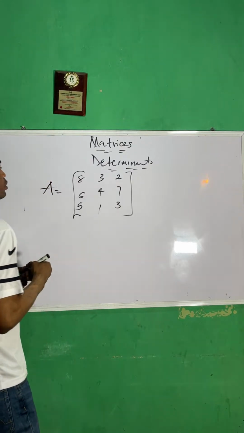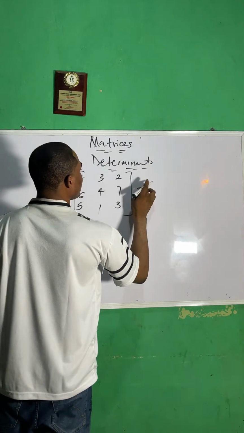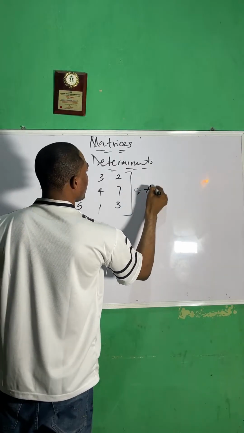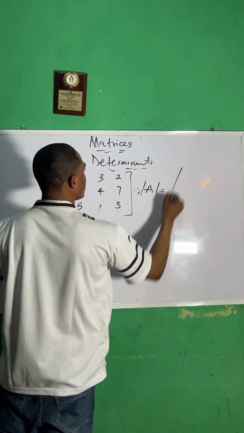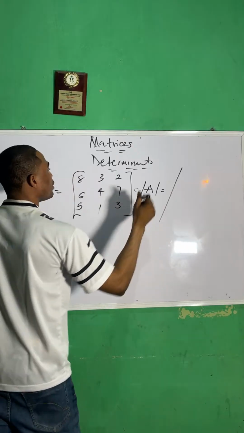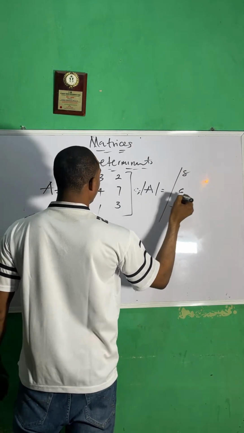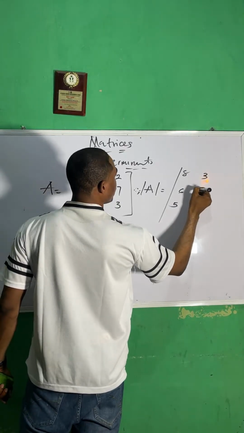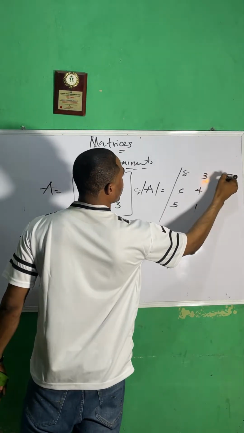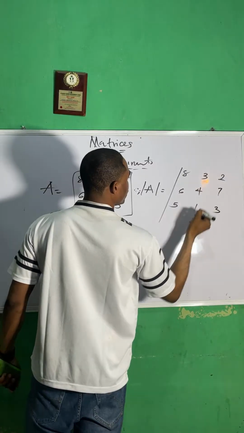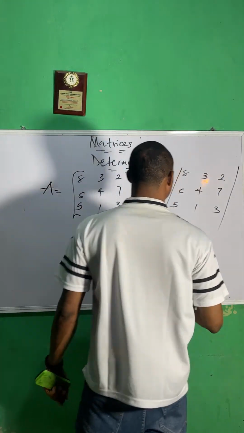If you have these questions, to find the determinant, we have something like this. You have 8, 6, 5. You have 3, 4, 1. You have 2, 7, 3.